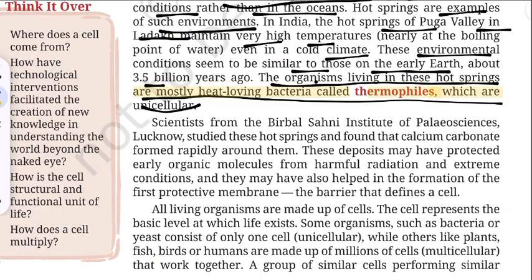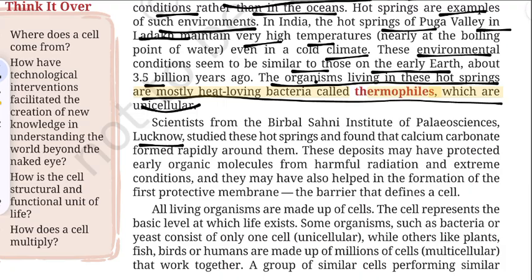Scientists from Birbal Sahani Institute of Paleosciences, Lucknow, studied these hot springs and found calcium carbonate. Now, read it properly. From here, MCQ type questions can come, and it is one of the best reasons that I decided to make you study from NCERT, so that I can read each and everything.